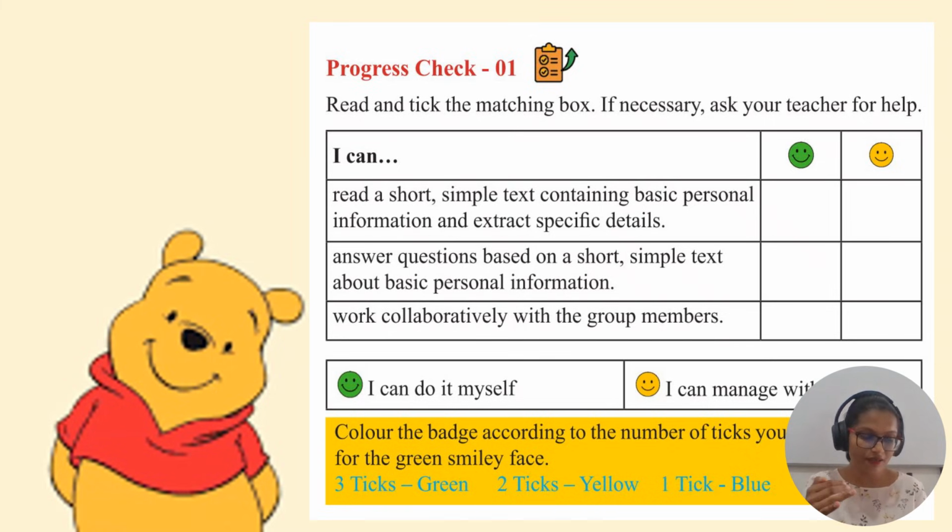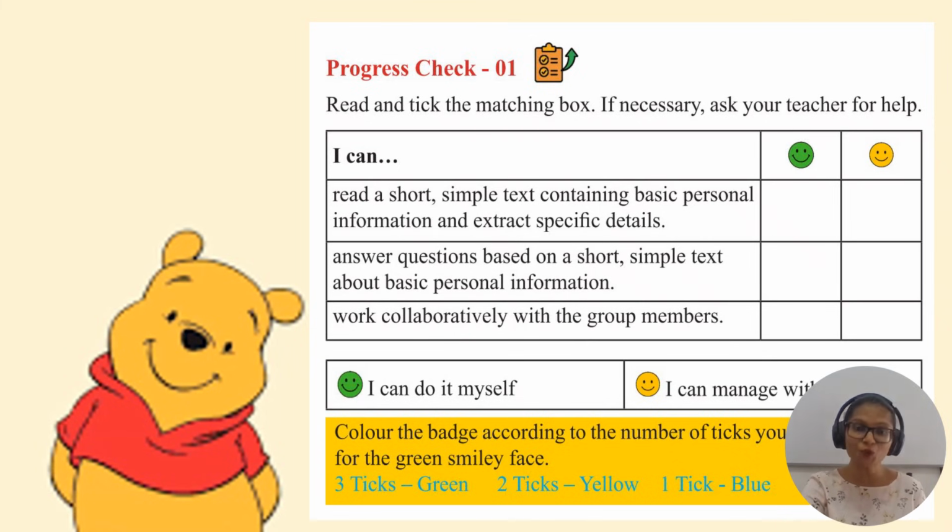You should be able to read that kind of simple and short description about personal information. And when you are given the task to write specific information using that personal information, you have to decide whether you can do it alone or with the support of your teacher or friend.